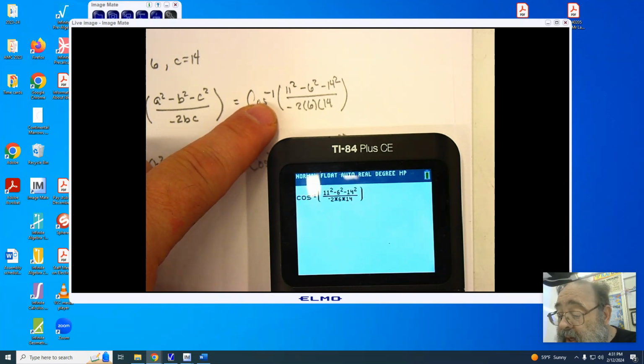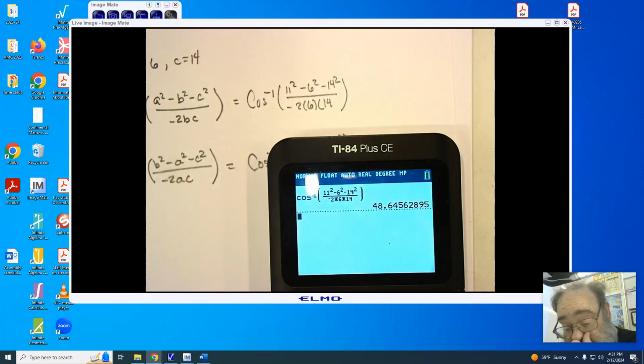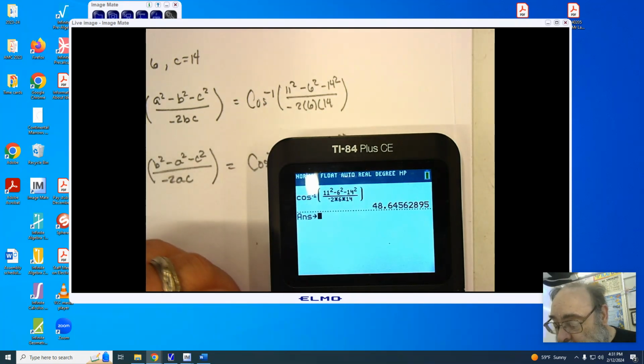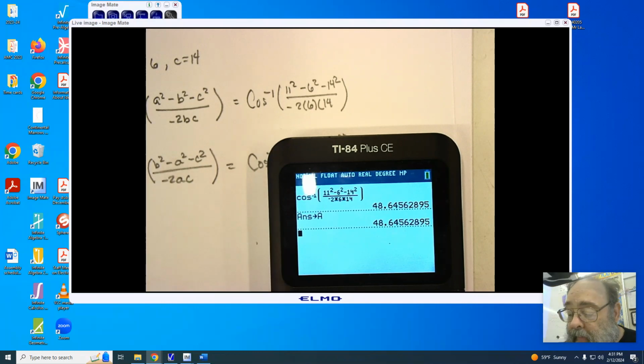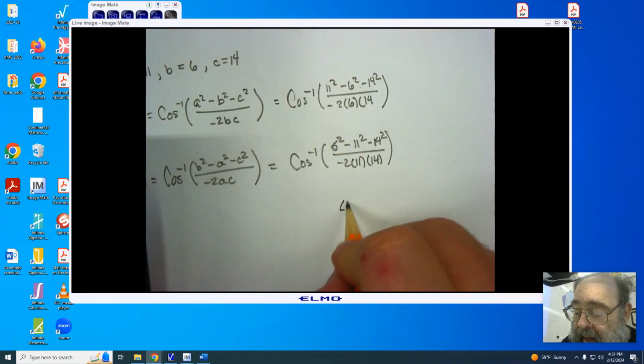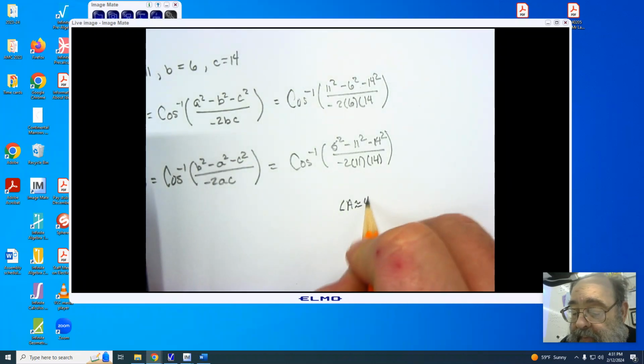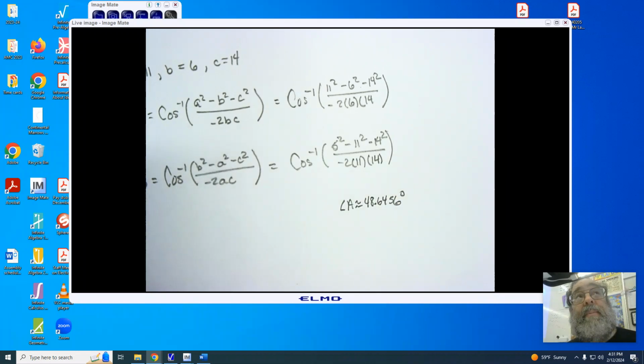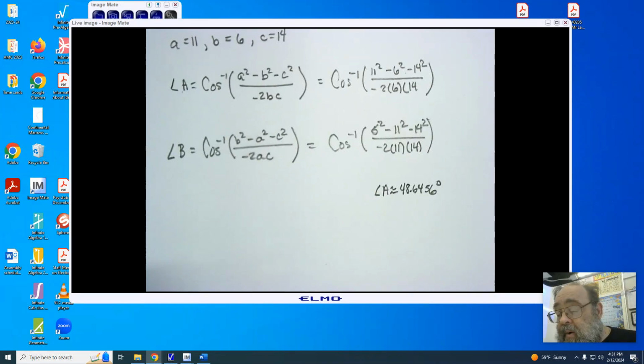Close the parenthesis, hit enter. I'm going to immediately store this. This was my A, so store in alpha A. And I now have my first angle. So I have angle A is approximately 48.6456 degrees.